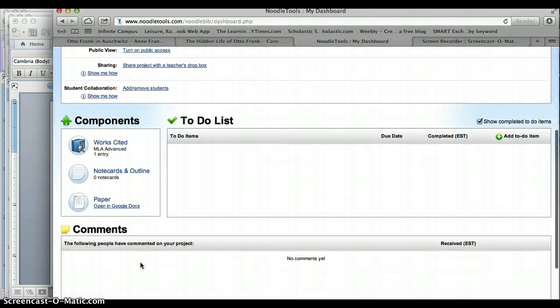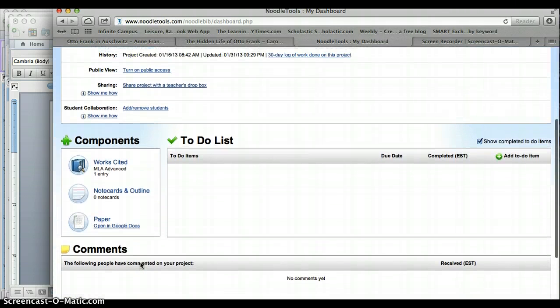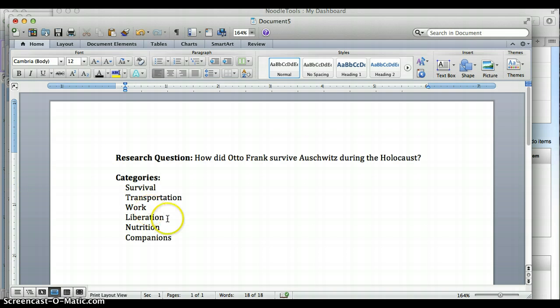And we're going to start working on taking our notes. What you should have right now in front of you, we toggle over, is your list of categories that you were supposed to create for homework last night. Now remember, these categories are those smaller pieces of information or those main ideas that we can take away from our research question.